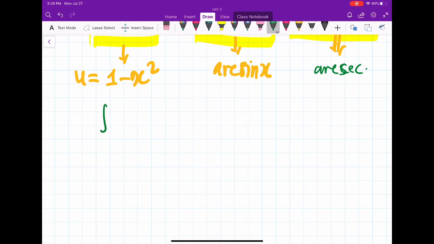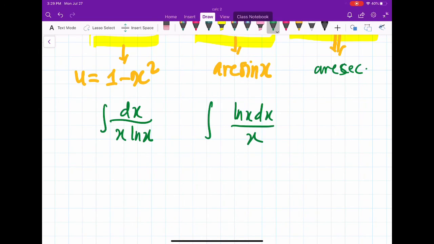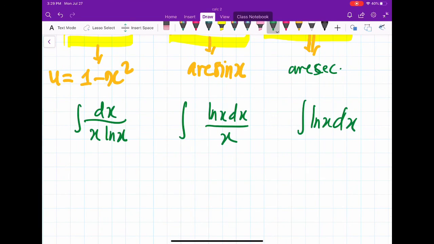Another three integrals I want to show you: the integral of dx over x ln x, another one is ln x dx over x, and the integral of ln x dx. For the first integral, you have x and ln x. In the second, you also have x and ln x, and the combination dx over x right here, and you have dx over x right here.